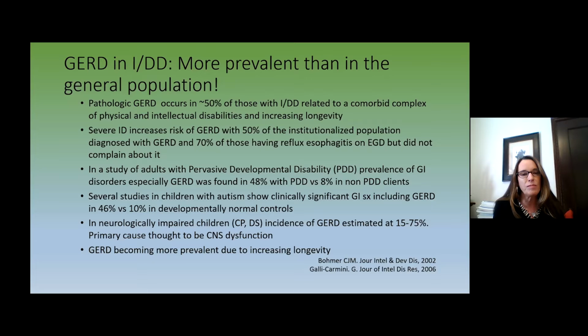And in neurologically impaired kids, the incidence of GERD is estimated as high as 75% by various studies. And the primary cause is thought to be CNS dysfunction. And this is commonly seen in cerebral palsy, Down syndrome, as well as some more rare conditions like Cornelia de Lange syndrome, Rett syndrome, West syndrome, and others. Next slide.